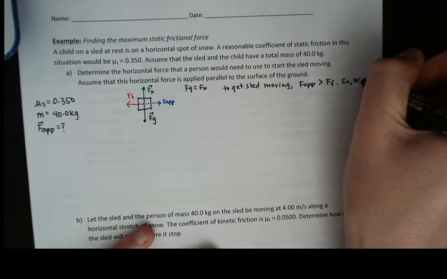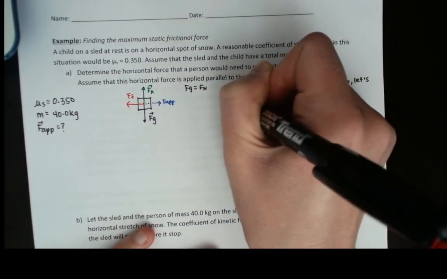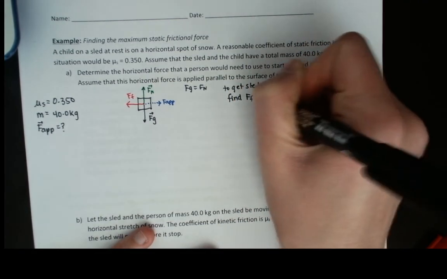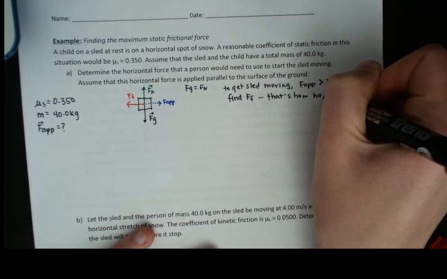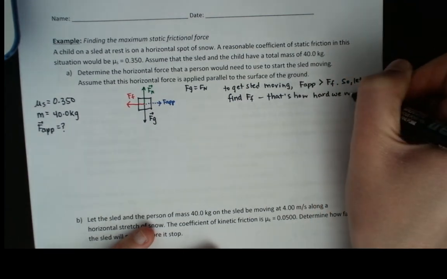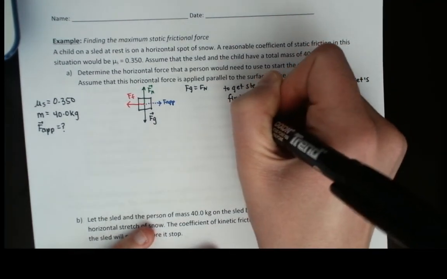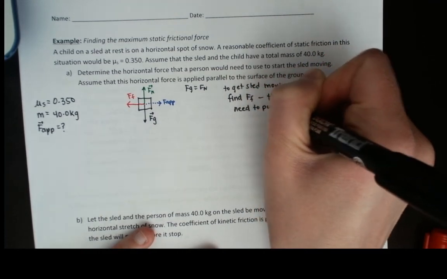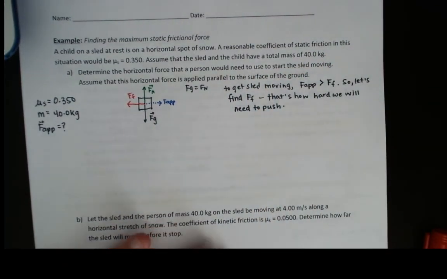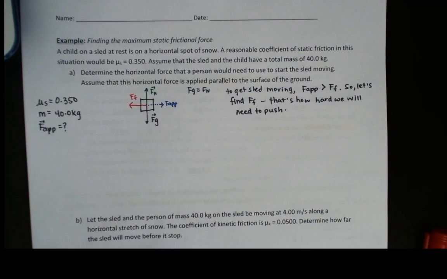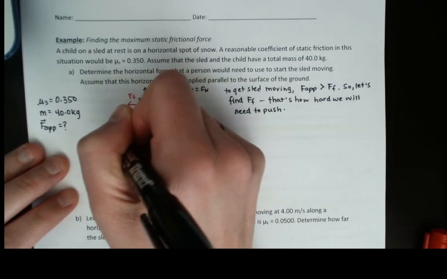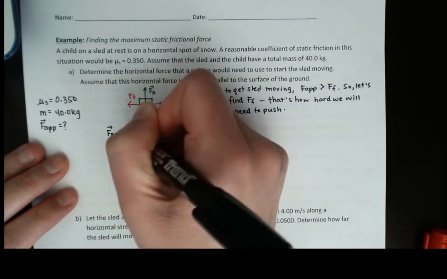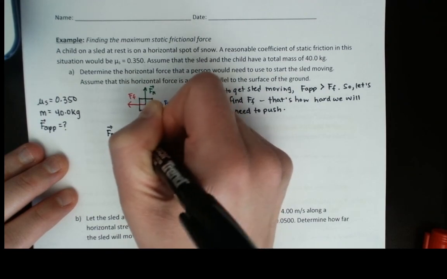So let's find FF. That's how hard we will need to push. Okay, so we need to figure out what friction is, and we have to apply more force than friction. Okay, so in this scenario, net force is equal to all your forces added together.